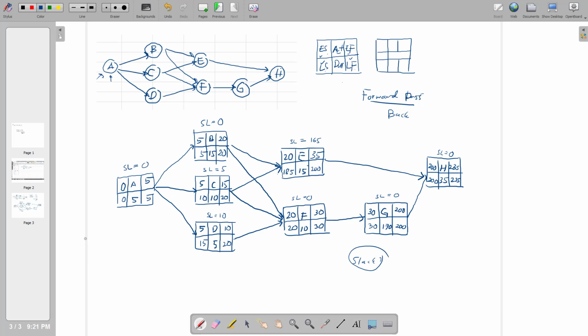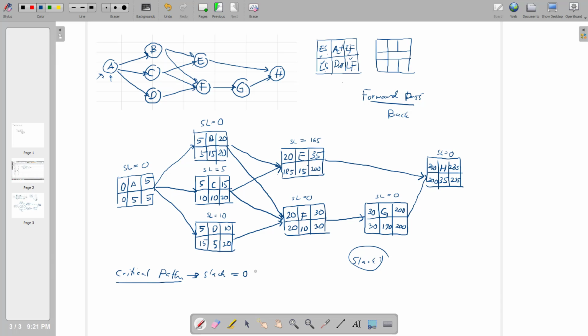Okay, now the critical path is determined by those activities who have slack equal to 0.